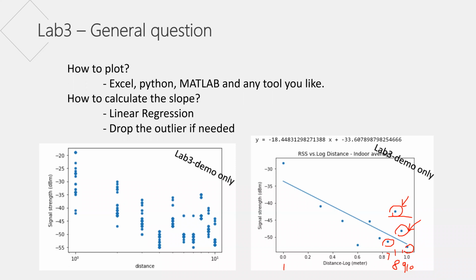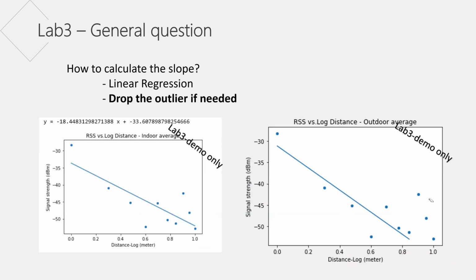So what we should do is remove these 3 values and then recalculate the slope. Like this graph. You can see we didn't include these 3 because we consider them outliers.